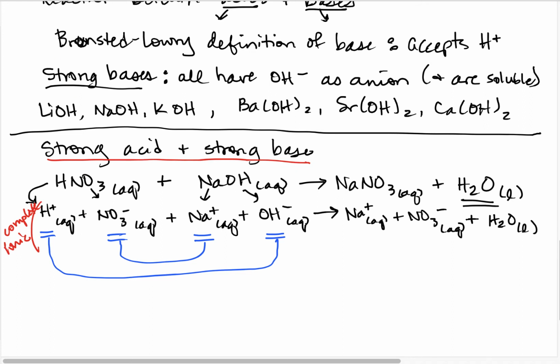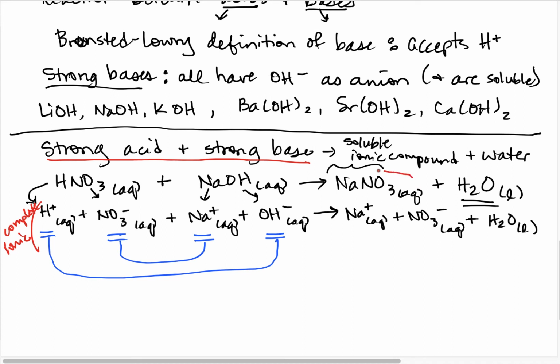And I want to draw your attention to another thing here too. Here we have water, and then this is just an ionic compound, right? This is a soluble ionic compound, plus water. And this soluble ionic compound, it actually doesn't have to be soluble.